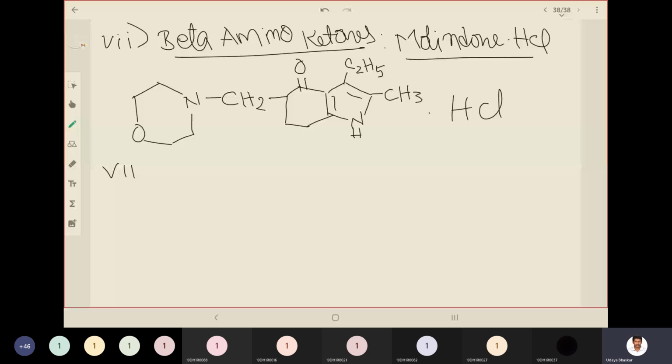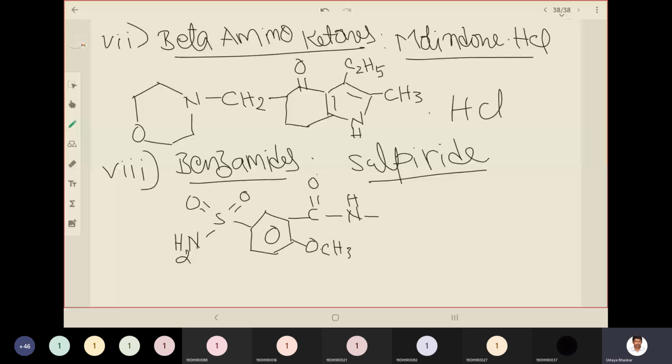Here it is: NH, CH2, and a five-membered ring to which you have an ethyl group. This is the structure of sulpiride.